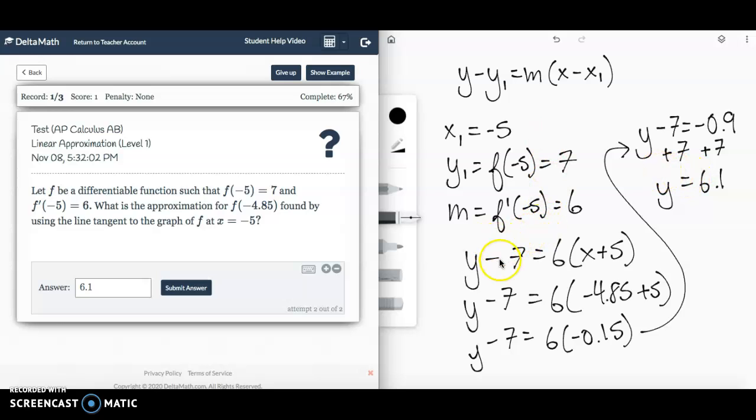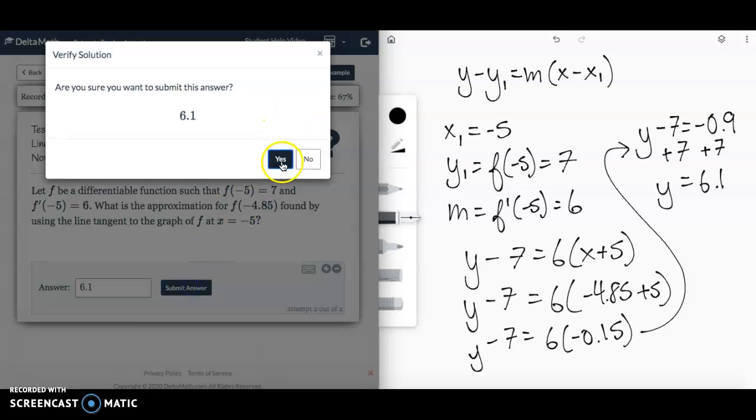I'm getting 6.1 a second time. Let's go back and double check everything. So x sub 1 equals negative 5, y sub 1 equals 7, m equals 6, y minus y1 equals 6 times x minus x1. So it's x plus 5 for sure. Well, then what the heck?